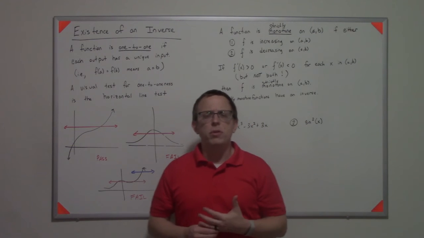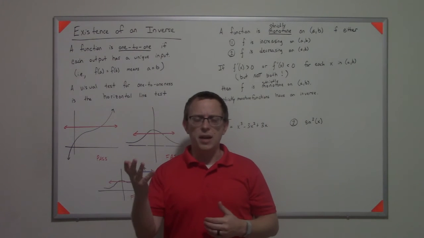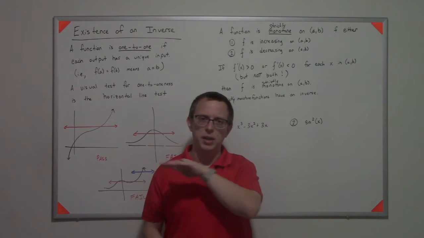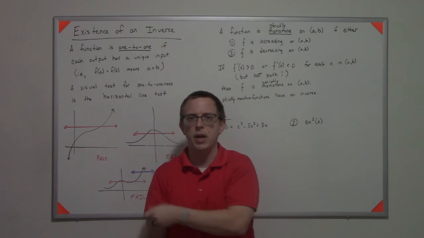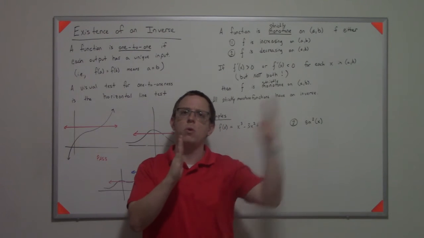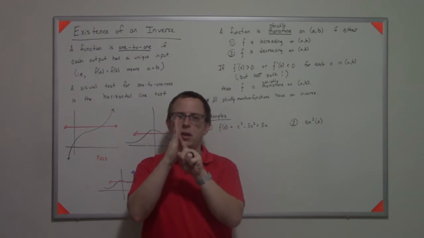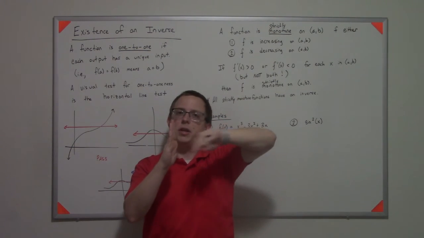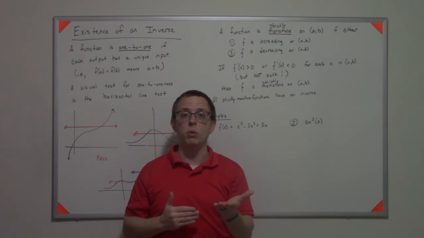A really good example of that is the square root of x and x squared. So x squared doesn't have an inverse because it doesn't pass the horizontal line test. But if you restrict it to 0 and positive numbers, then x squared always goes up like that, and so it does have an inverse, which is the square root of x.